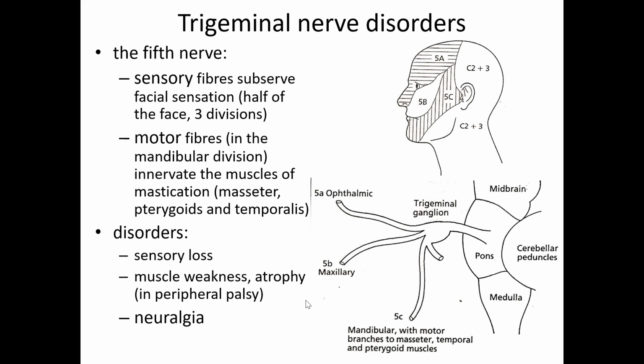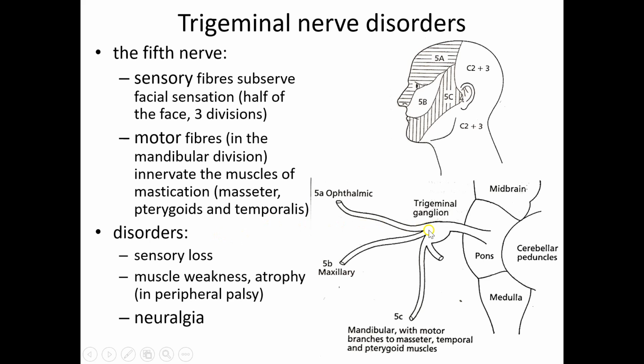Then after that, a very important nerve, the trigeminal nerve, the fifth nerve, whose sensory fibers serve facial sensations along with the scalp, as you can see here. These are sensory supplies, and motor fibers in the mandibular division innervate the muscles of mastication. Which are the muscles of mastication? Masseter, lateral and medial pterygoids, and temporalis.